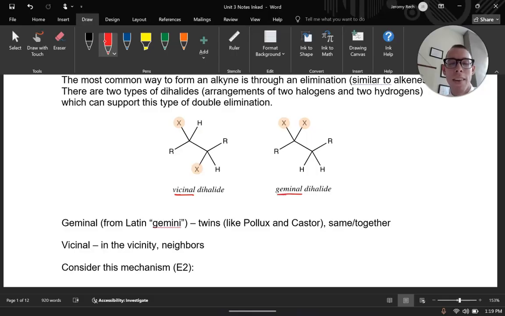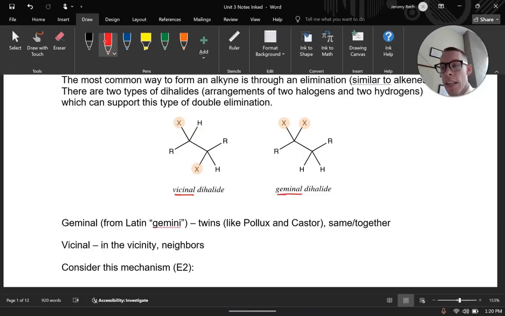So you can have them on the same carbon, which are like twins, which is Gemini, or you can have them on opposites. If they're opposites, they're nearby, but not at the exact same location. So you can think of you and your neighbor, both on the same street, but not in the same house. So you're in the same vicinity. Those are the two different types of starting materials we might have: a vicinal dihalide where you have bromines on separate carbons, or a geminal where they're on the exact same.